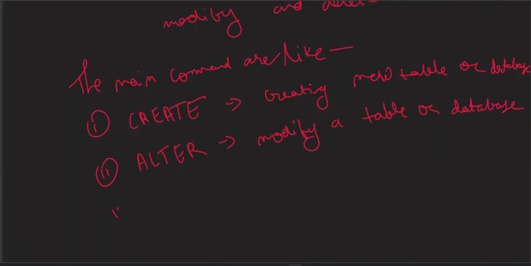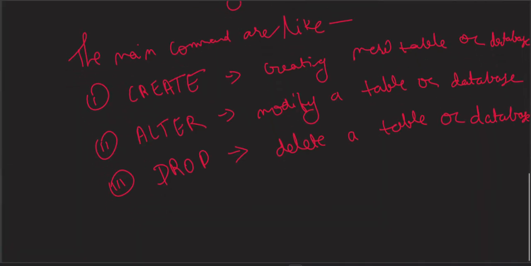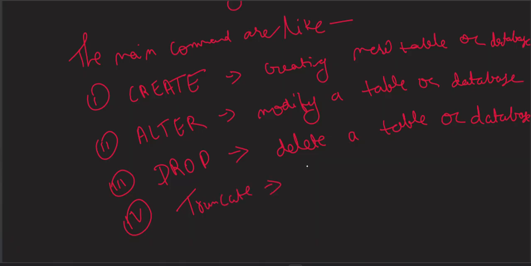The third one is drop, which is used to delete a table or database. And the last one is truncate, which is used to remove all records but keeps the structure.